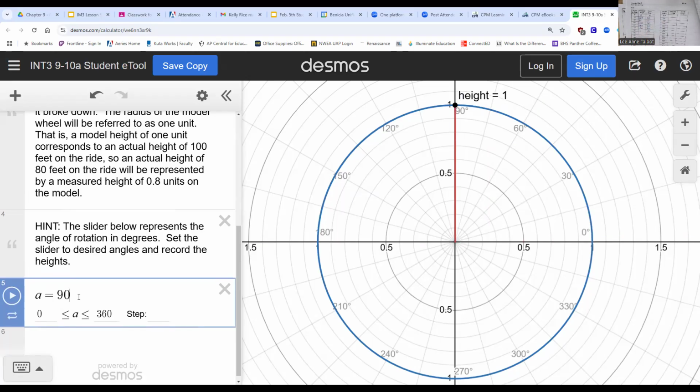100. What do you anticipate is going to happen as I keep rotating around? 105 degrees. What do you notice? It's coming back down, right?